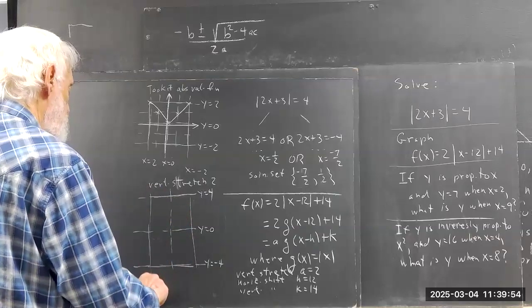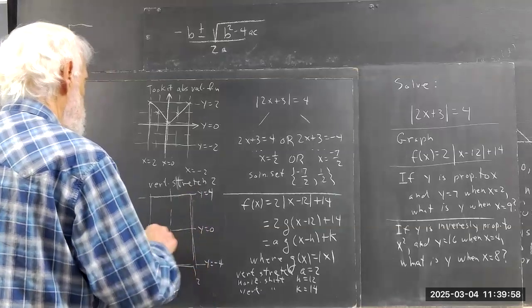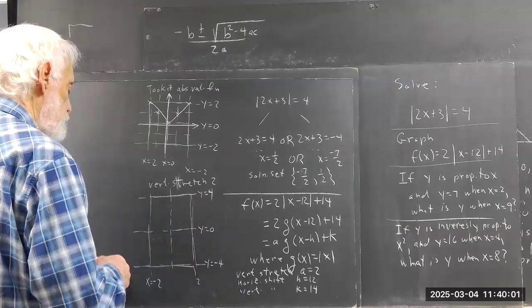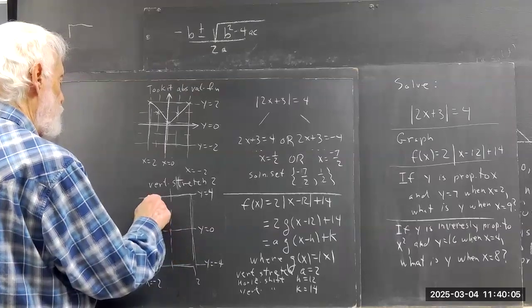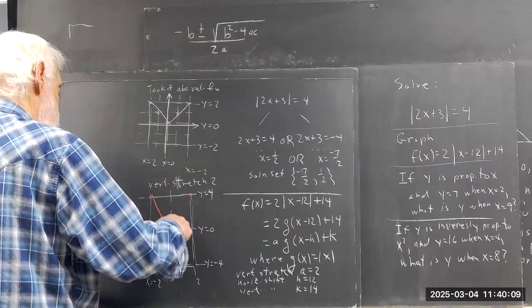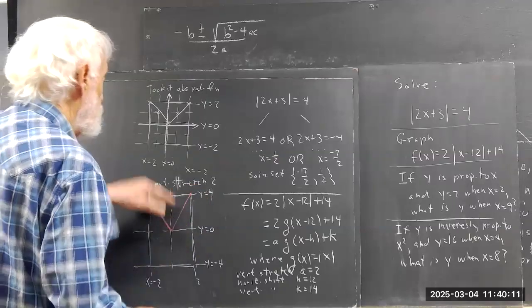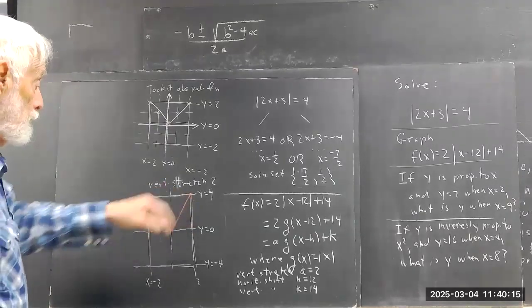X is still going to go from -2 to 2. The vertex is still going to be here because we haven't shifted a thing. We have stretched. Now it's twice as steep as it was. Goes over 2 and up 4.